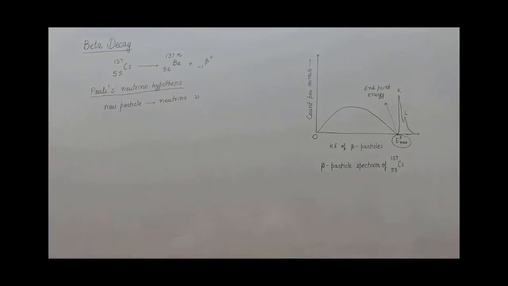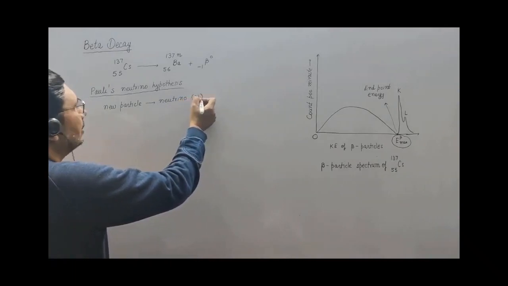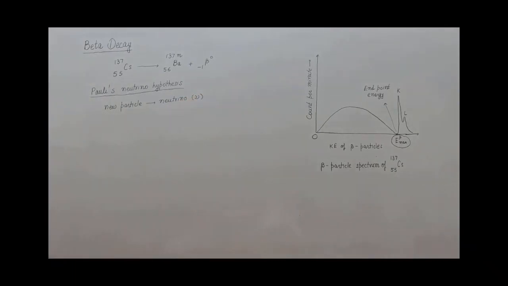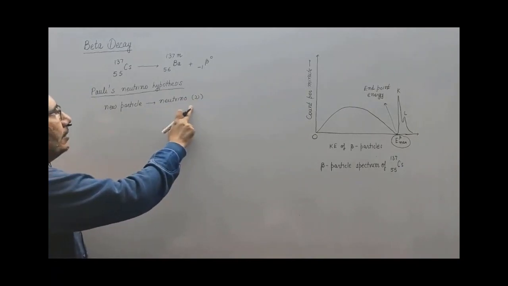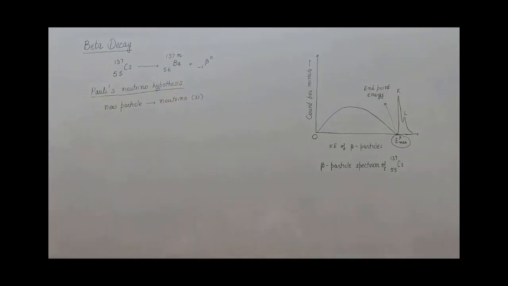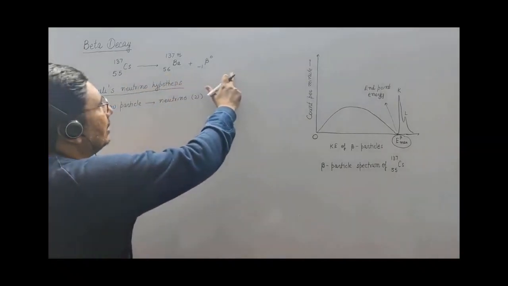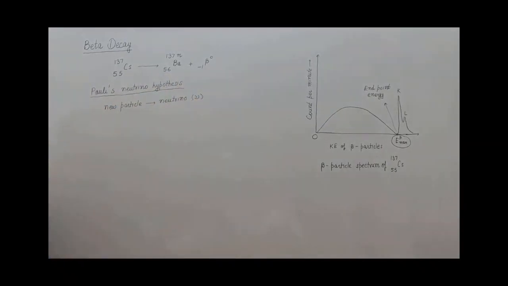According to Pauli, this neutrino particle is also emitted in the beta decay process. So in beta decay, along with the beta particle, a neutrino particle is also emitted.